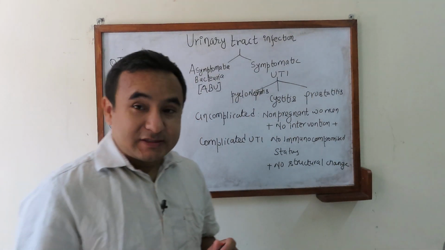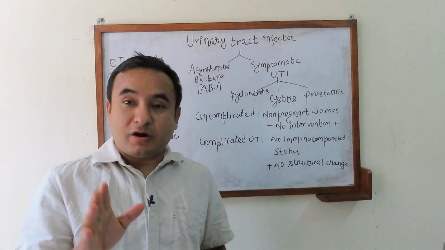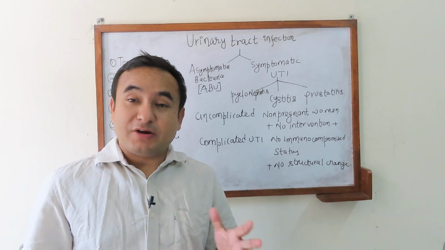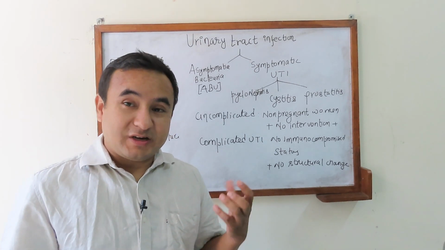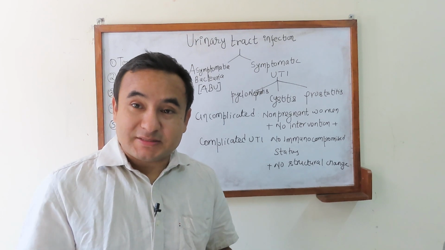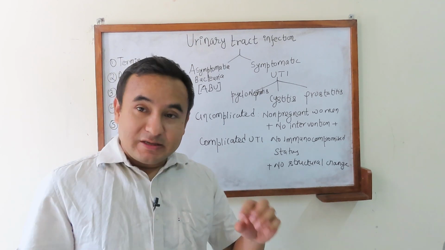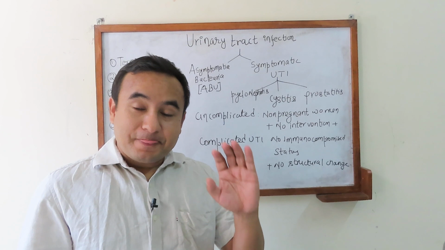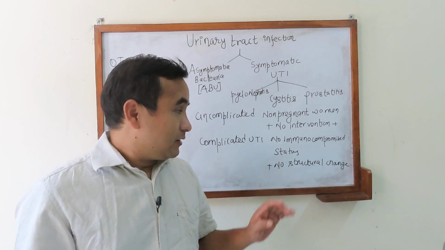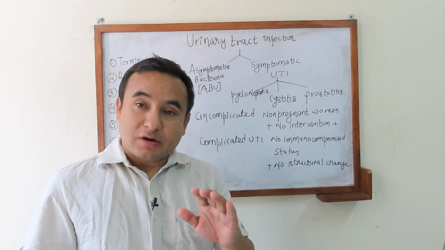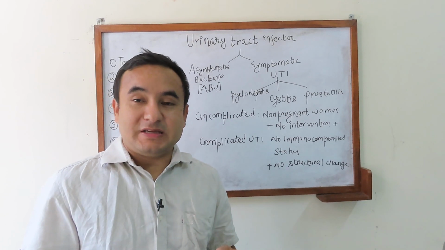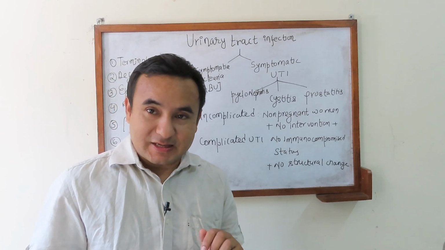So, uncomplicated UTI is UTI occurring in non-pregnant women who do not have any immunocompromised status, any structural changes in the kidney and the bladder, and there is no history of any intervention like Foley's catheterization.